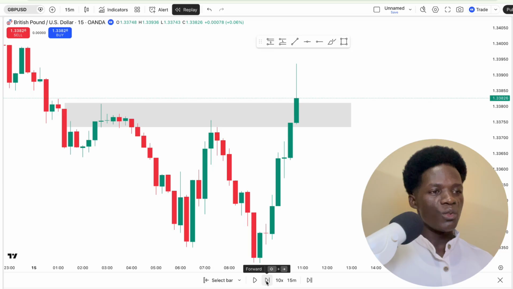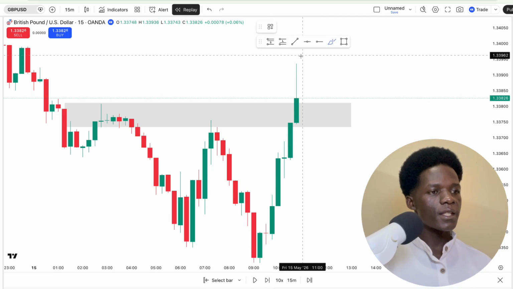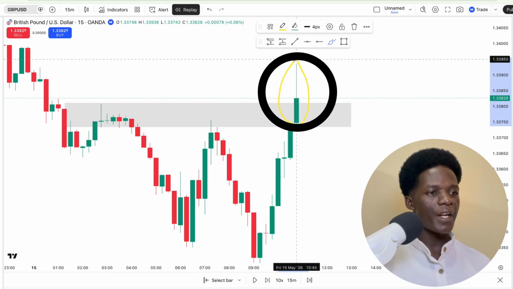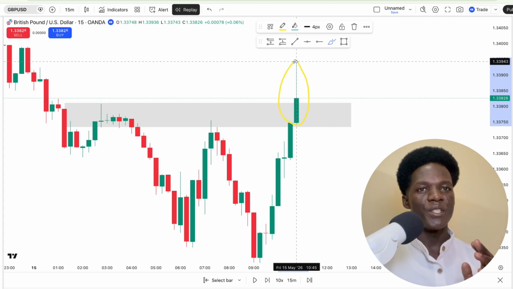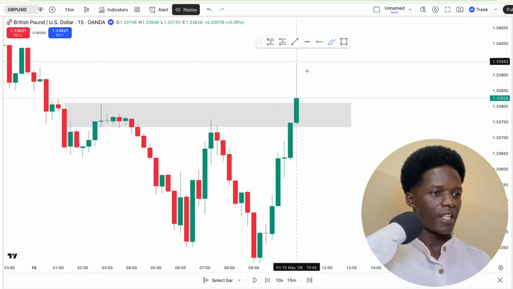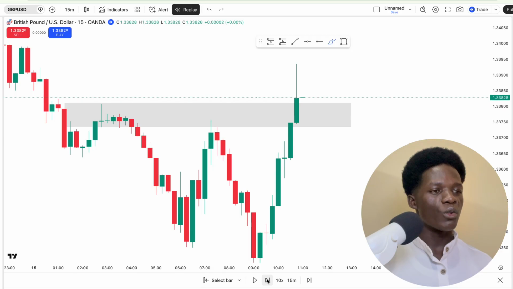So you continue waiting. When you see this long wick candle, sometimes it means rejection or indecision. That means price might crash down anytime. So you wait for confirmation.